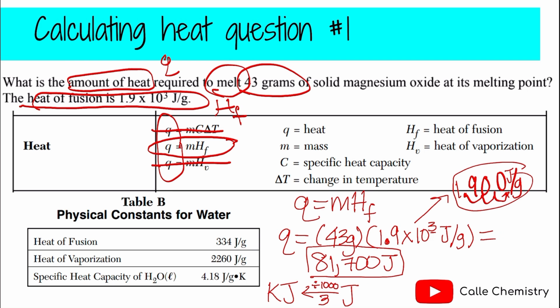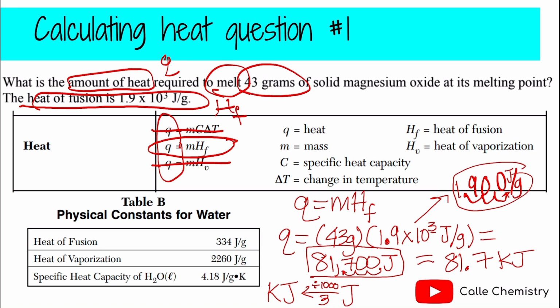So 81,700. There's no decimal. When there's no decimal, you start at the very end of the number, and you go 3 places to the left. So 81,700 joules is equal to 81 point, because that's where it stopped, 7 kilojoules.